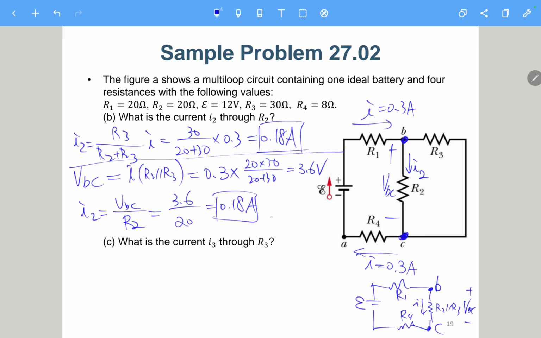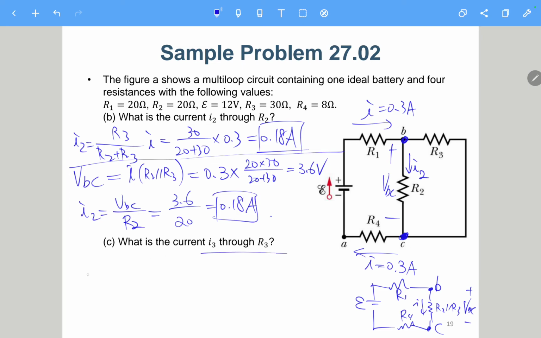So this is 0.18. If you don't put in all the numbers, you can see this is R2 over R2 times R3 over R2 plus R3. And then finally you can see this R2 cancels with that R2, so finally it will be this factor.